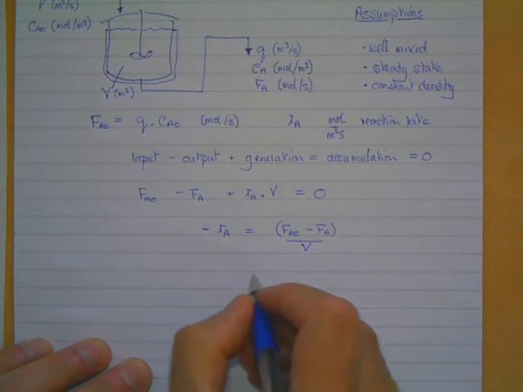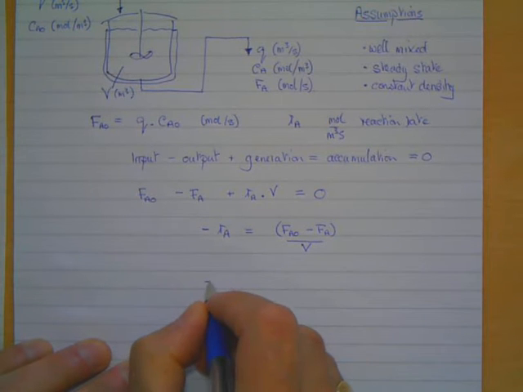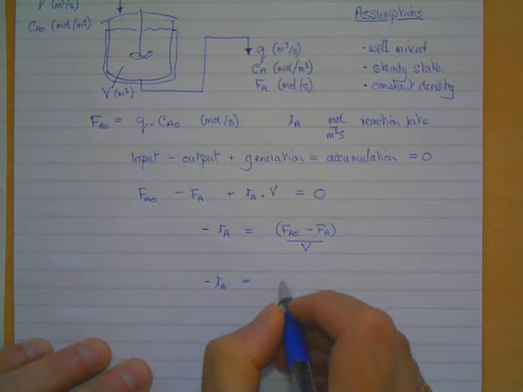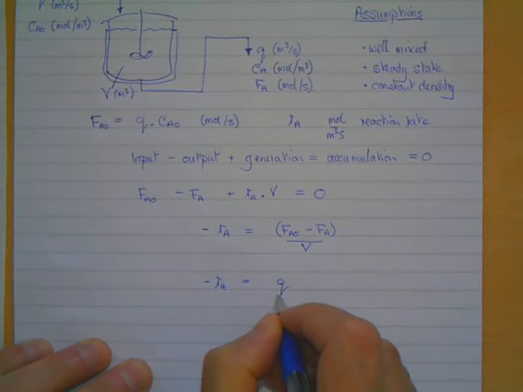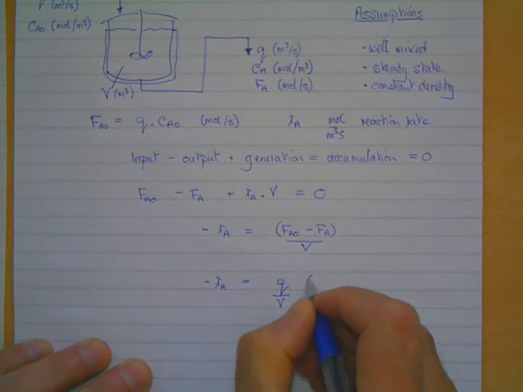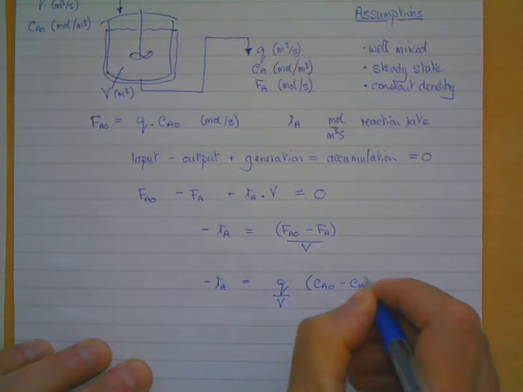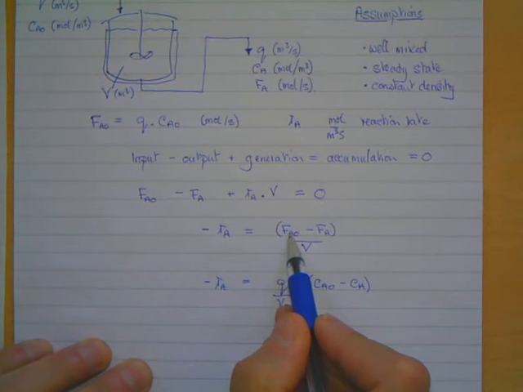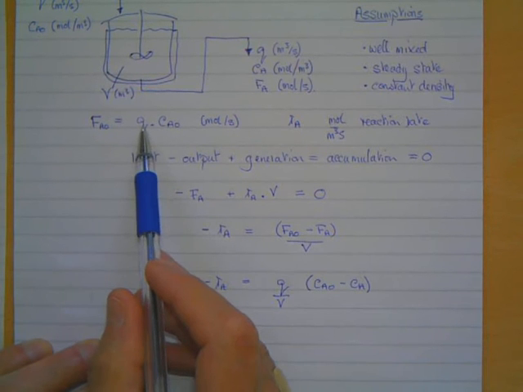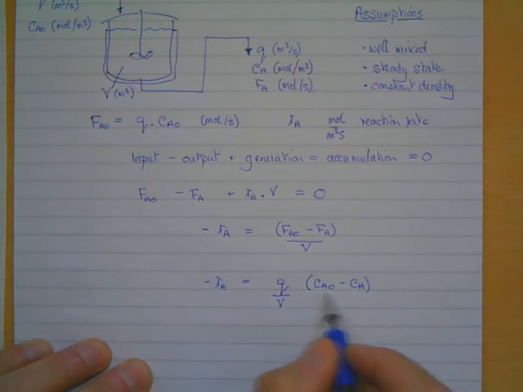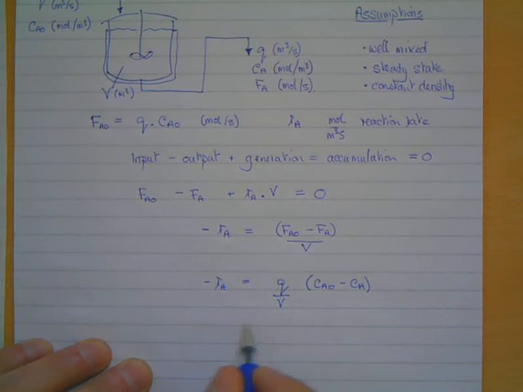So we can also get that minus RA is equal to Q over V multiplied by CA0 minus CA. So I've just rewritten the molar flow F as the volumetric flow multiplied by the concentration. Taking the Q out, we've got Q over V multiplied by CA0 minus CA, and that's the first form of the equation to describe a CSTR.